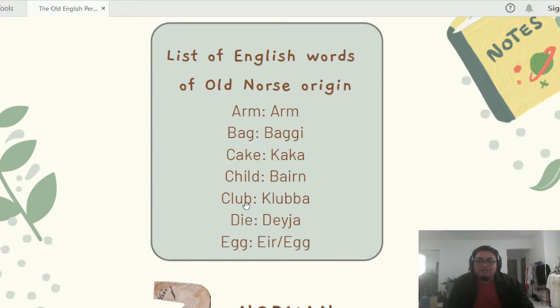Cake used to be called kaka. Child, vine, cloud, clover, die, which they say as daya, and egg, which is egg or just simple egg.